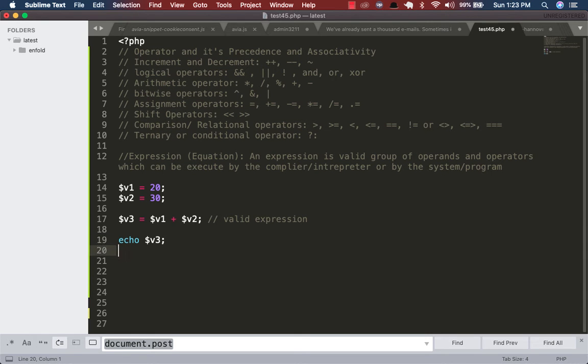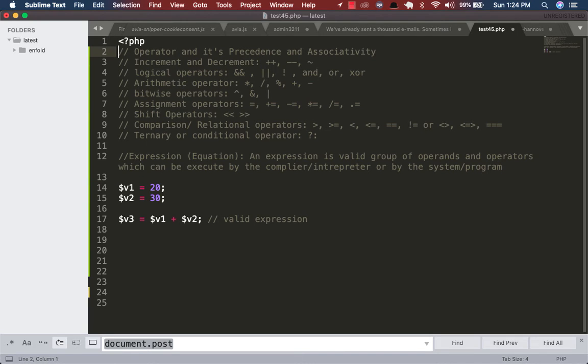For example, if we use 5 plus 3, this one is a constant value, this one is also a constant, so this is also a valid expression. We can write it that way. So let me delete it.